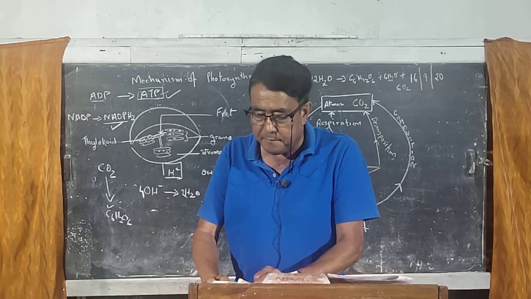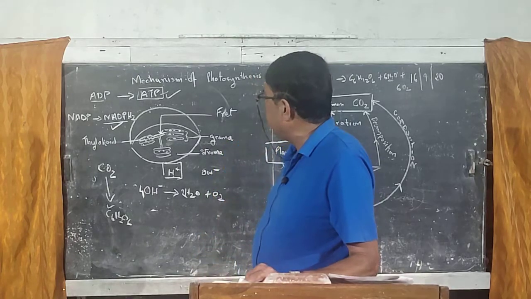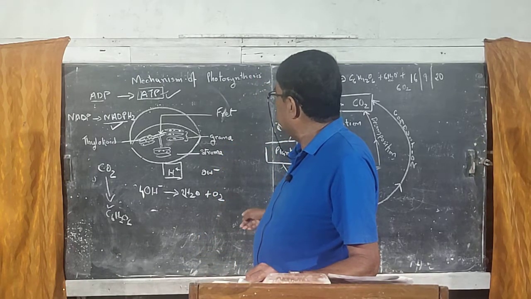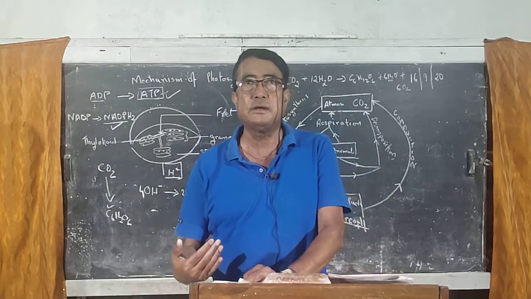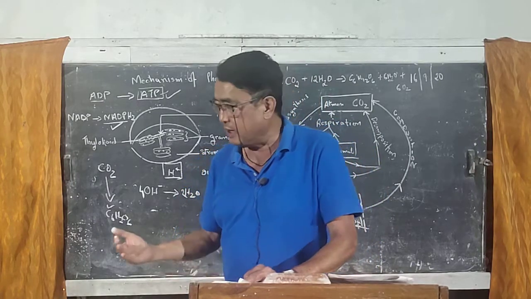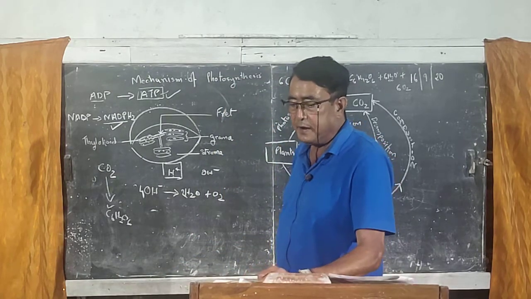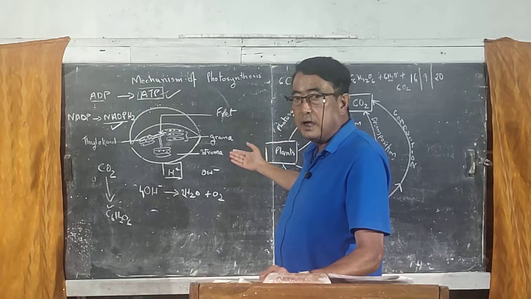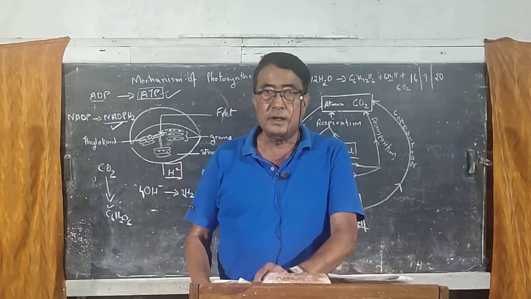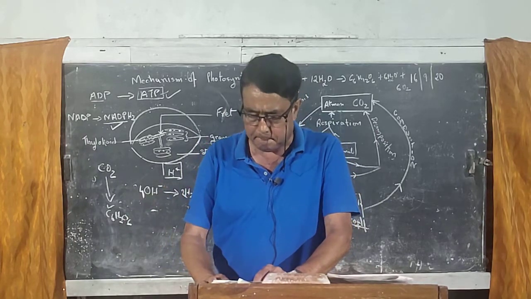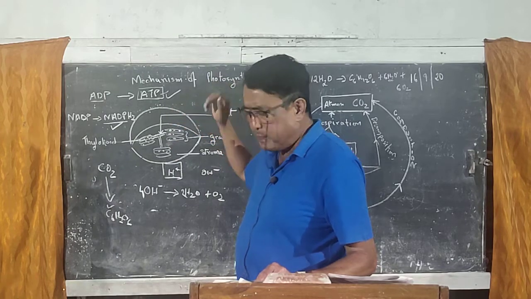Next, name the phases of the process occurring in the part labeled as grana. As I told you, the light reaction will take place there, and the phase that is taking place in the stroma is the dark reaction. And they can ask you the full form of NADP, ADP, ATP also.